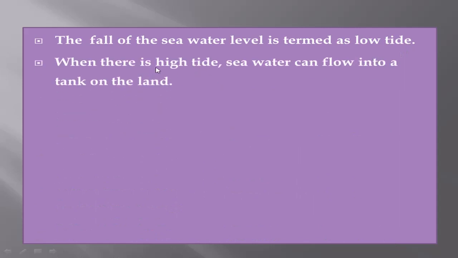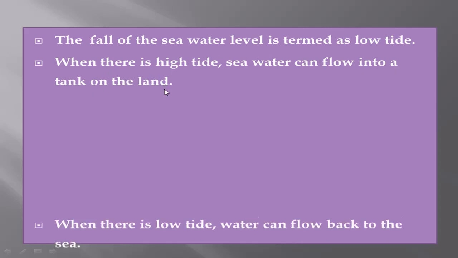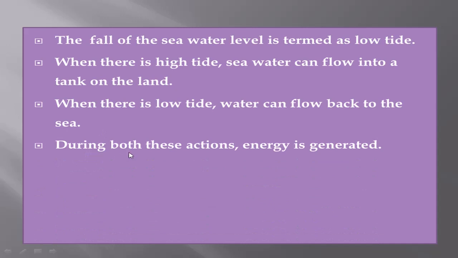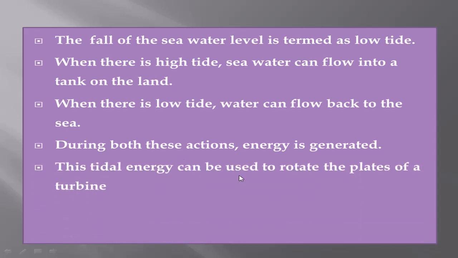When there is a high tide, sea water can flow into a tank on the land. And also when there is a low tide, water can flow back to the sea. During both these actions, energy is generated. This tidal energy can be used to rotate the blades of the turbine.